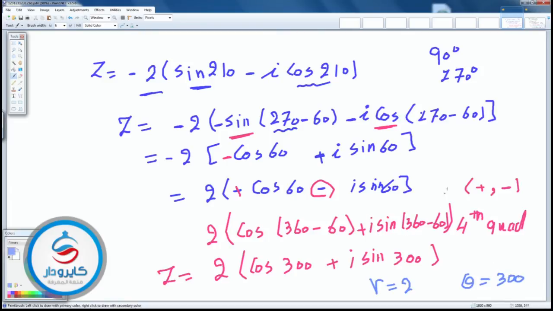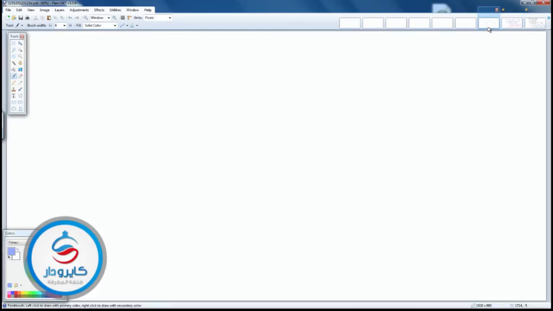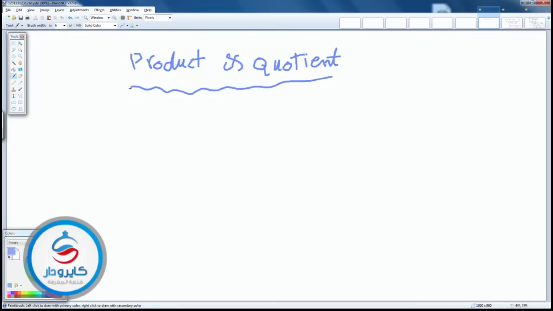And this is very important rules. If we are going to discuss now the modulus and the argument of حاجتين، product and quotient of two complex numbers.